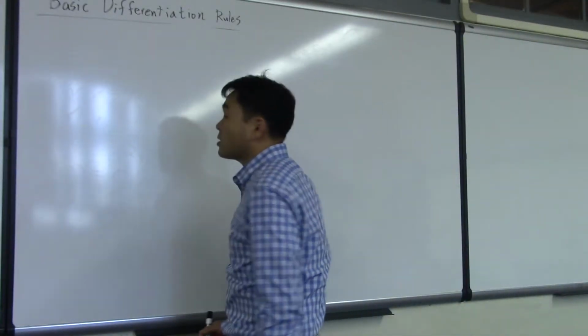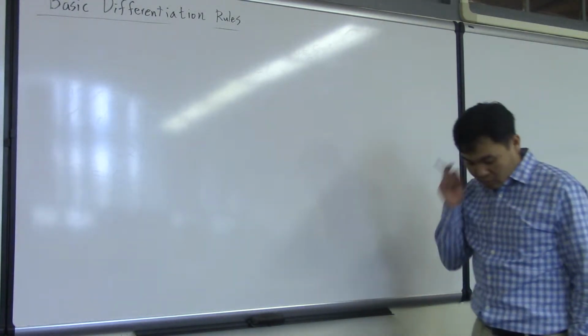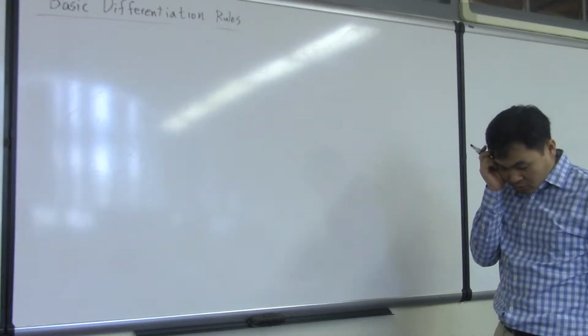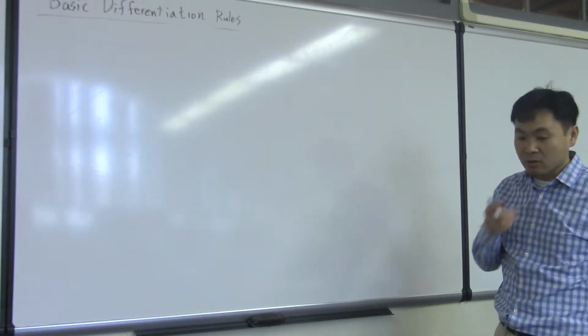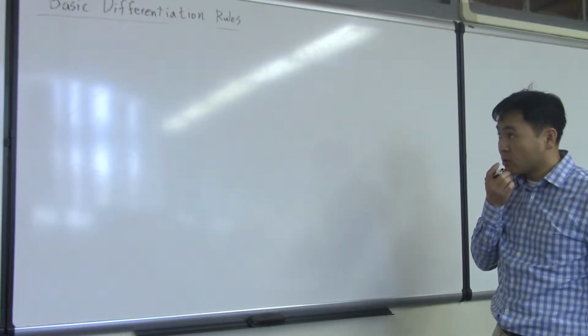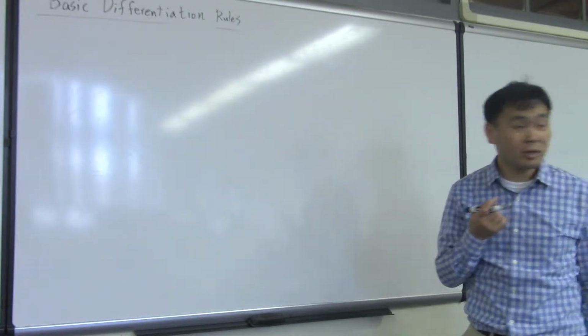Now, one of the common mistakes that people make once they learn the basic differentiation rule, the linearity and also the power rule, is to think that you can handle the products that way too.